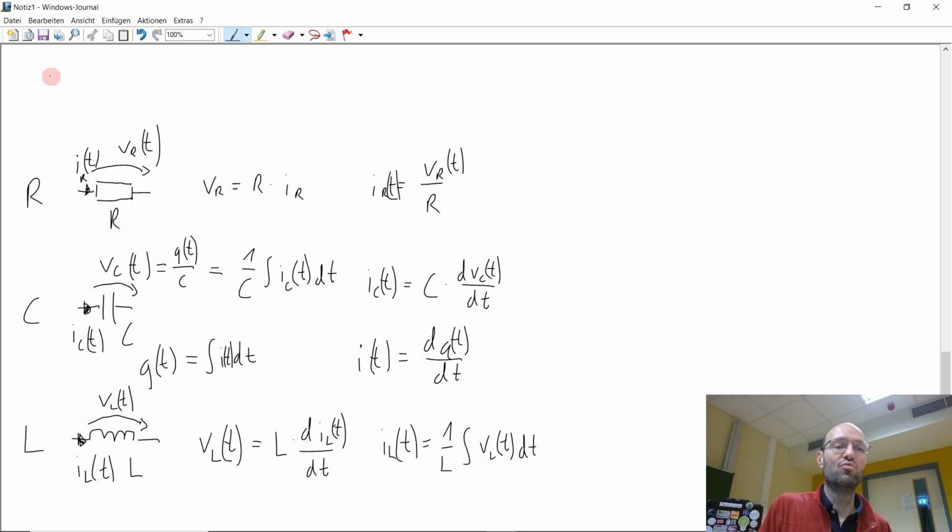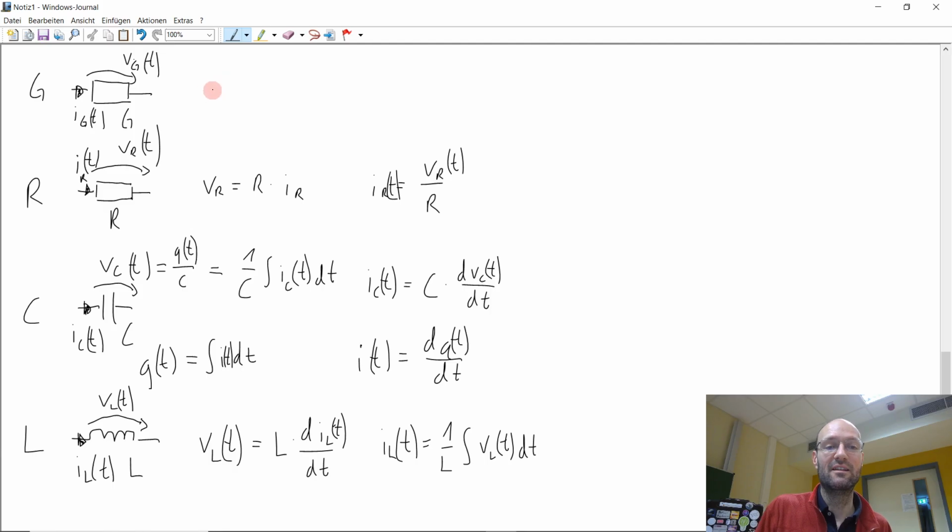And so the dual element for the resistance would be some conductance, but conductance at the end is also just like a resistor. But we could also say we have a current going through the conductor and we have a voltage drop across this conductor, Vg of t.